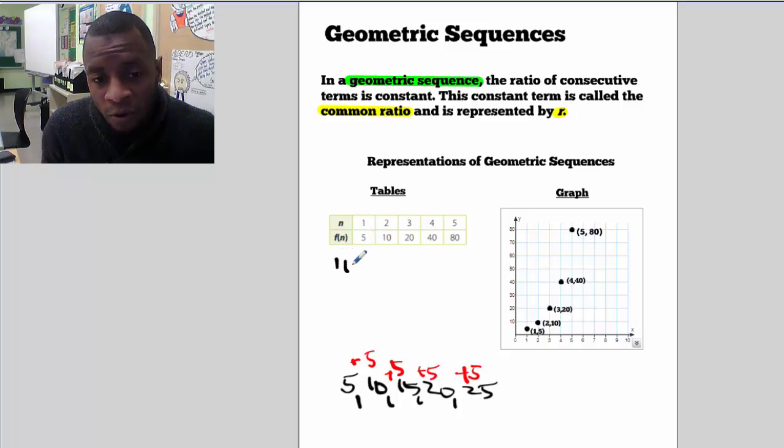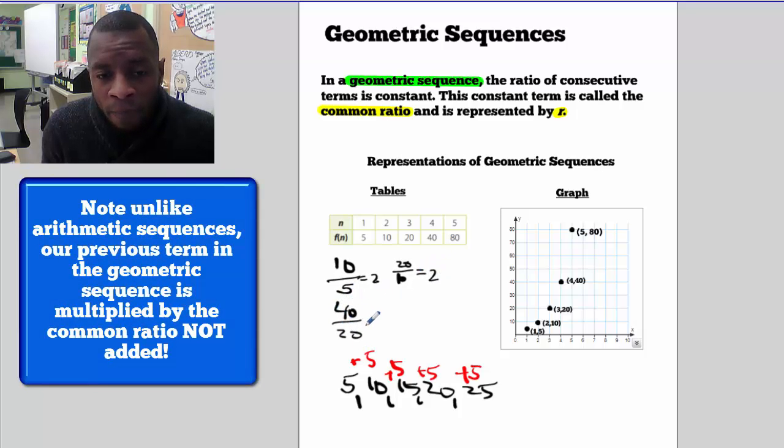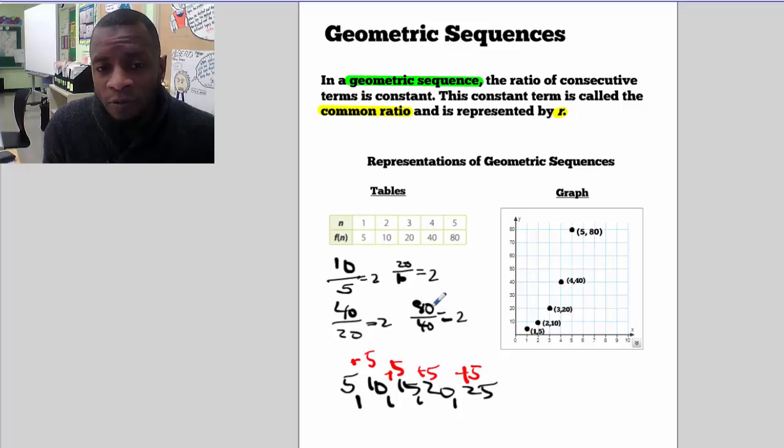So 10 over 5 is 2, 20 over 10 is 2, 40 over 20 is 2, and 80 over 40 is 2. So our common ratio, r, is 2.